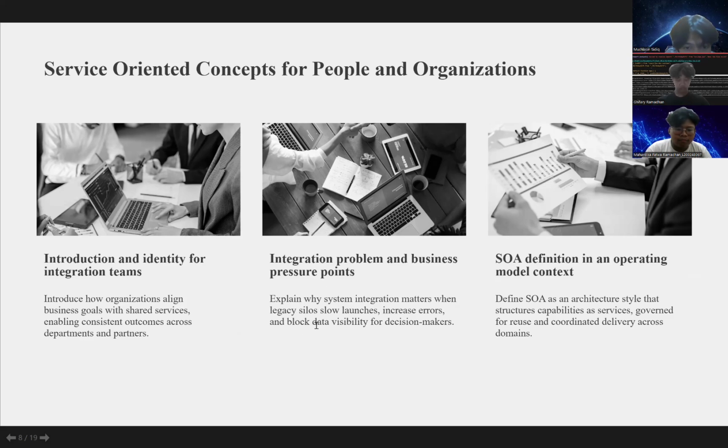And the last one is data and visibility for decision makers. And the last is SOA definition in an operating model context. Define SOA as an architecture style that structures capabilities as services, governed for reuse and coordinating delivery across domains.